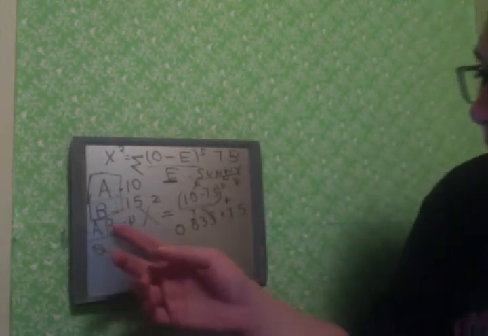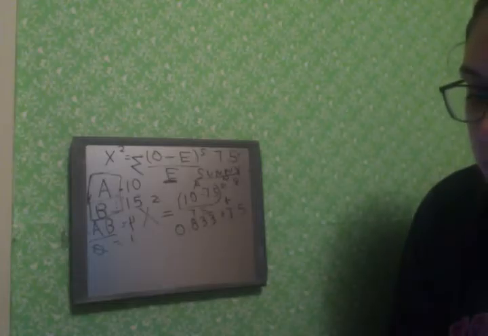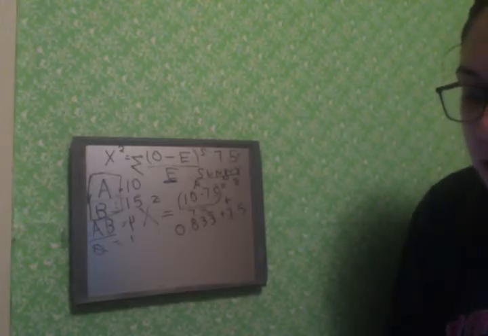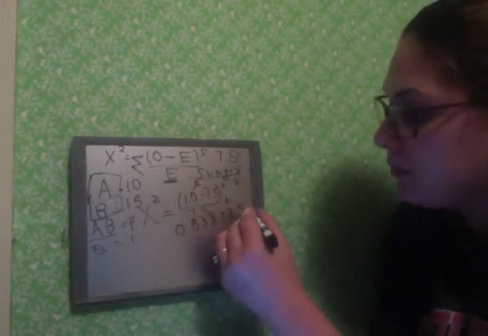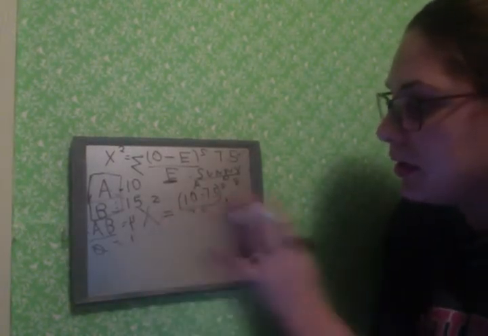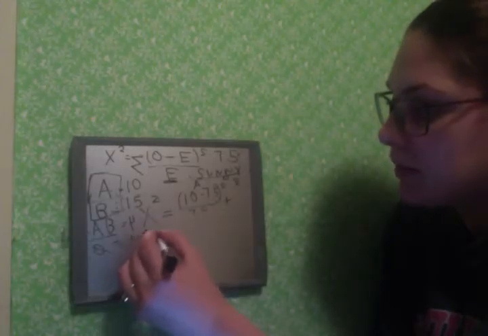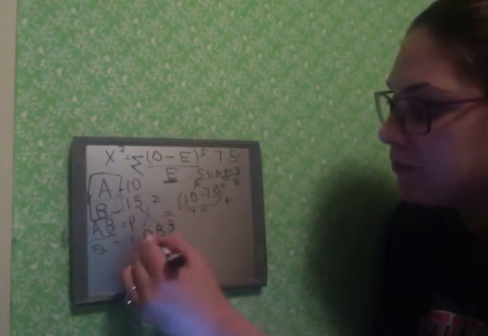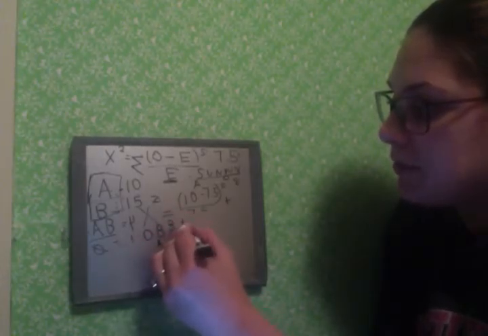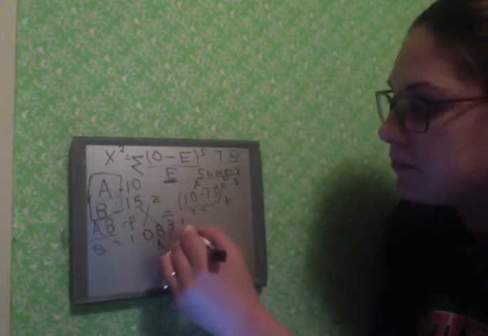Okay, so A and B together is 4 minus 7.5, which is negative 3.5, times itself, is 12.25, divided by 7.5. That is 1.6.